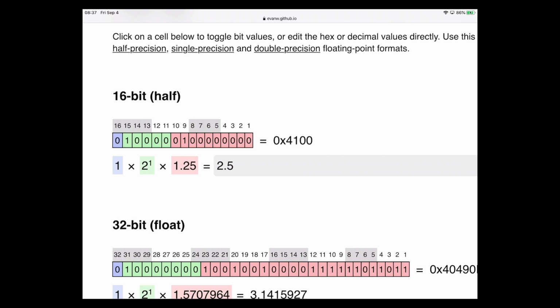So how many bits am I using for the exponent in the 16-bit system? 5, okay? Take 1 away. 4. What's 2 to the 4th? 16. Take away 1. 15. So your bias in 16 bits is 15.